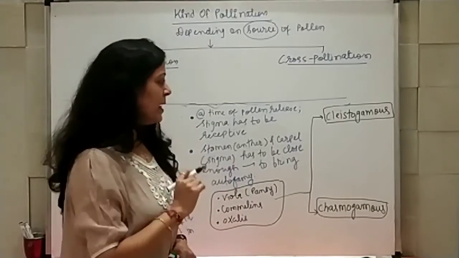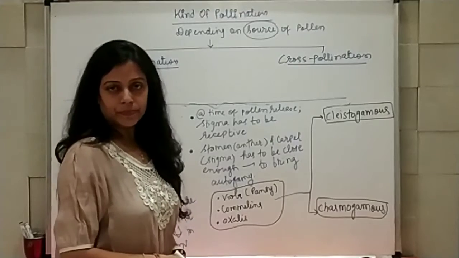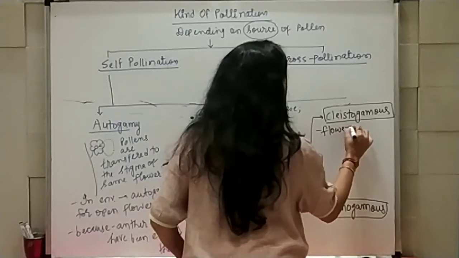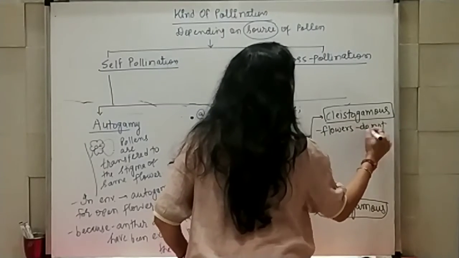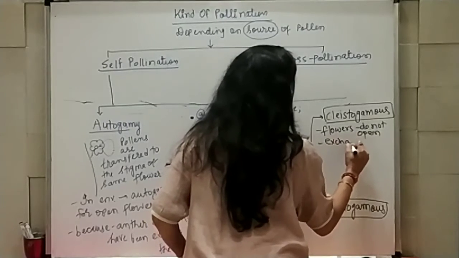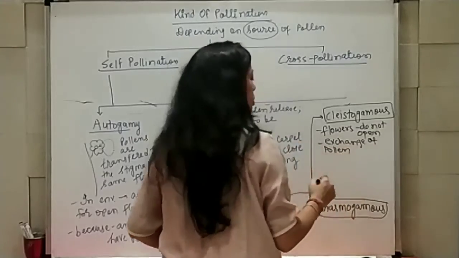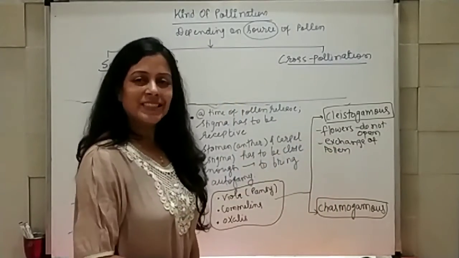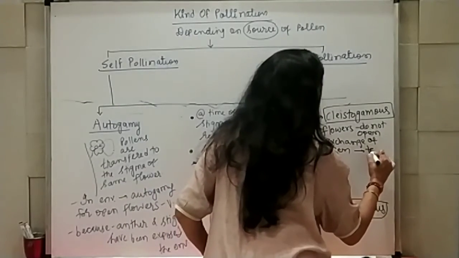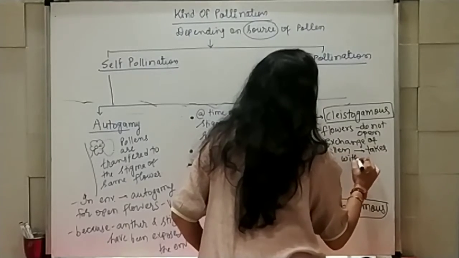So, when I am saying cleistogamous, flowers do not open, and exchange of pollen, or rather pollen release and setting on the stigma surface, that will take place within bud condition.